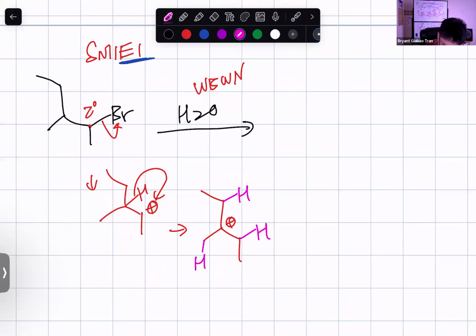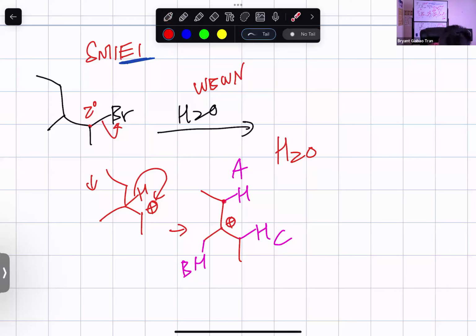Okay, so now we can choose A, B, or C. And in this case, there's only one option that you can go for. Which one do you want to deprotonate using the water to form the more stable alkene? A, B, or C? Yep, A, right, because it's the most substituted beta hydrogen.